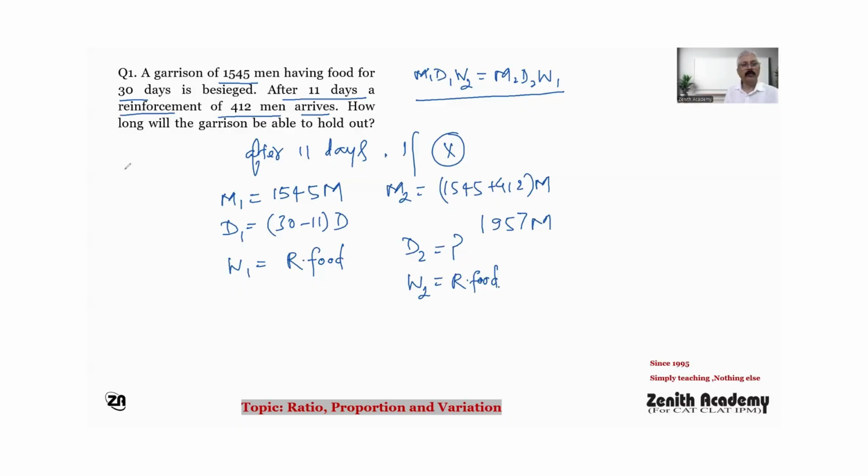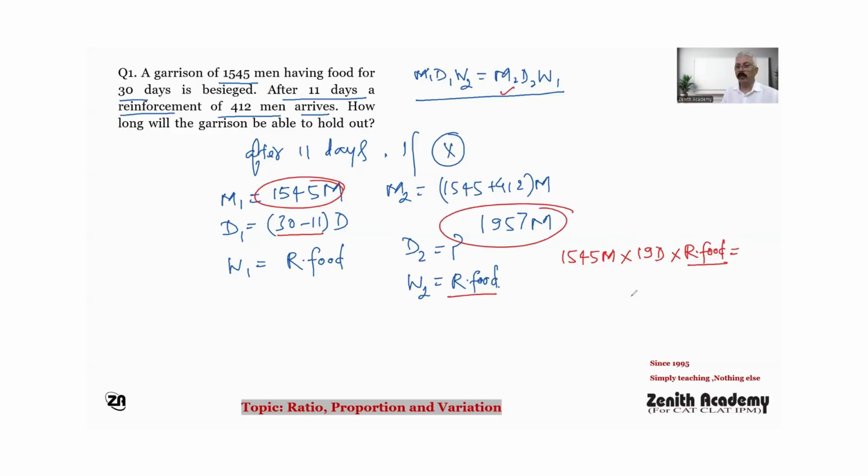So now simply put the values in the formula. M1 is 1,545 men. D1 is 30 minus 11, which is 19 days. And W2 is the remaining food. Now M2 is 1,957 men into D2, which is to be found out, and W1 is for the same remaining food.